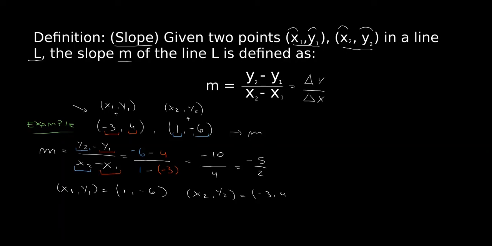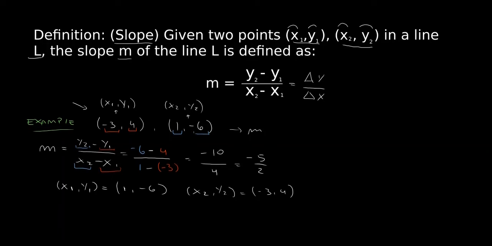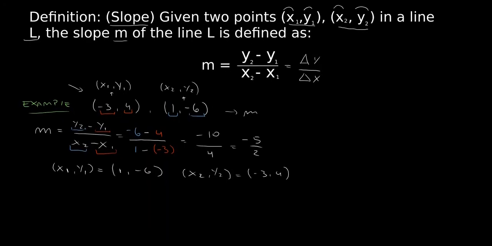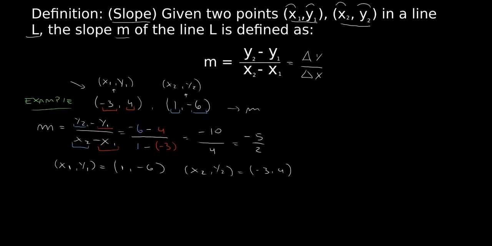Well, let's try doing again the calculations for the slope. The slope m will again be y2 minus y1 divided by x2 minus x1. y2 is 4 minus y1, which is minus 6.